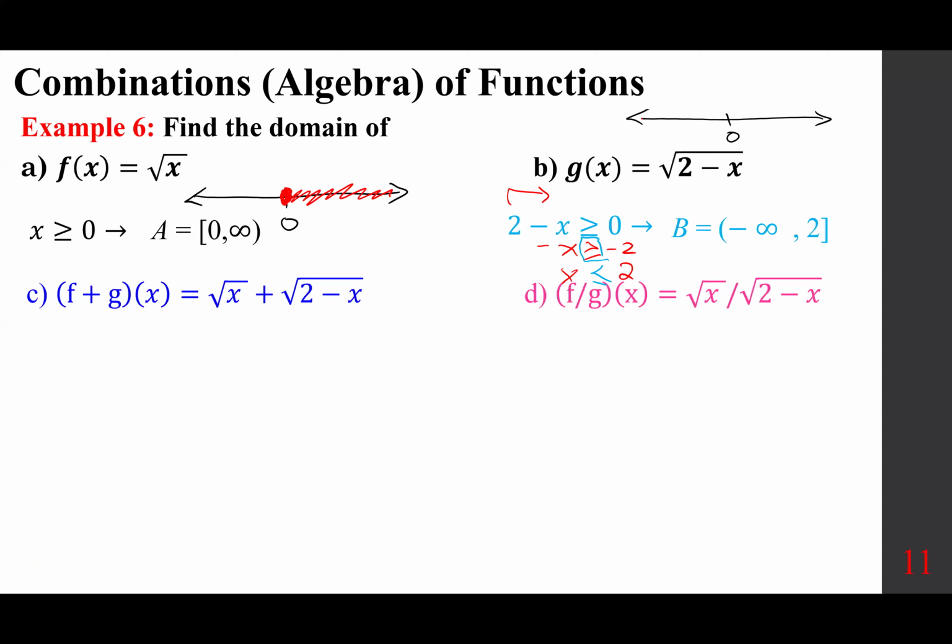For here, from negative infinity to 2, so this is 2. Everything to the left of 2. And I hope you see that what's in common, it's this area. Let me use a different color. From 0 to 2. Is 0 included? Yes. Is 2 included? Yes.